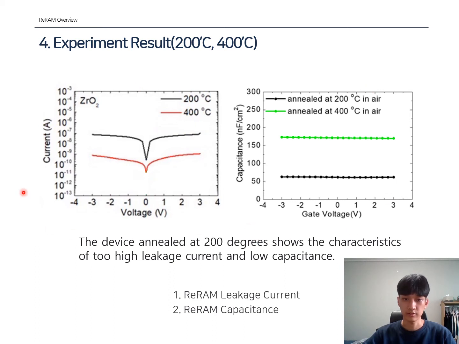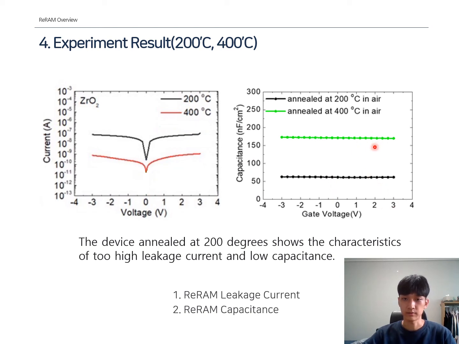The left figure shows the leakage current of each thin film. The red one is the 400 treated thin film, and the black one is 200. As you can see in this graph, the 400 device has much lower leakage current than the 200 one. The right one is the capacitance.